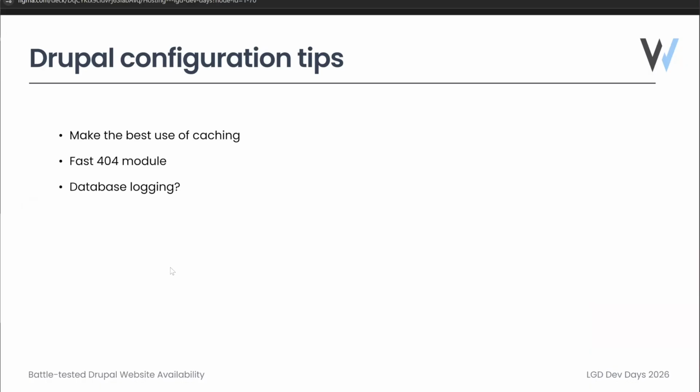So I just wanted to add a couple of Drupal configuration tips because that was promised in the talk notes. The best way to make sure that your pages are responding quickly is to ensure that things are cached.